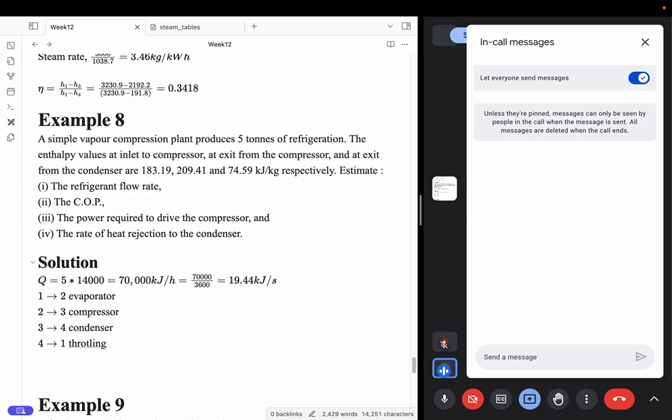After throttling it will eventually come back to your original phase, starting from the evaporator, and this keeps happening.